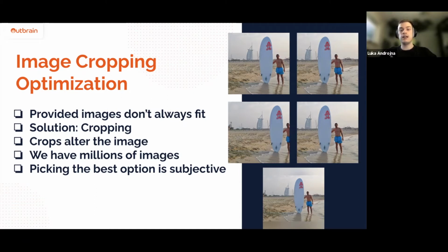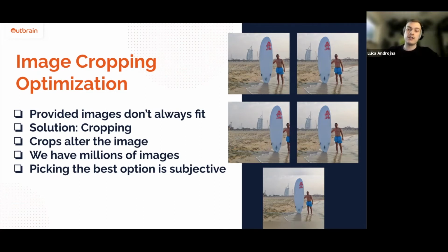So we might get a landscape picture and we have to put it into a portrait placement. So the best solution for that we found out is usually cropping. So we just trim some part of the image away and display it as best as we can.